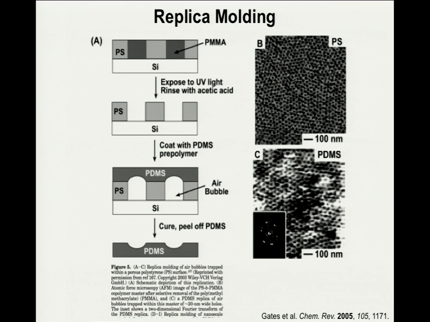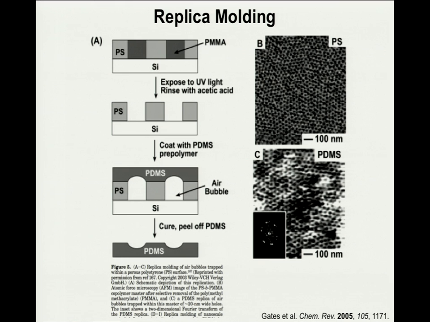So this is a different approach to replica molding, where you can take a block copolymer film that is a PMMA block polystyrene film. You expose the PMMA phase to UV light. You rinse it with acetic acid to make just these polystyrene films.